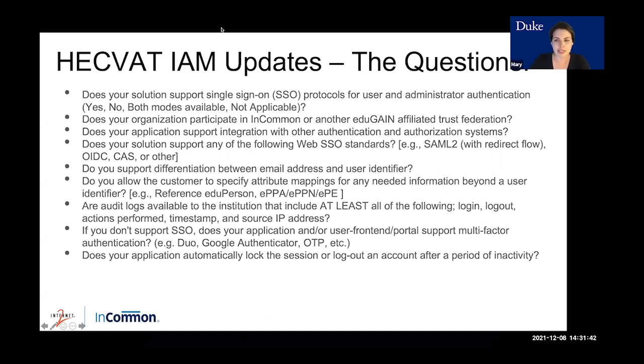And then one last thing that I wanted to call out here was that, to be pragmatic, we realize that not every solution provider is going to be able to tap into institutional single sign-on and other infrastructure. In that case, we want to make sure that there's an opportunity for those solution providers to signal that they have a single standalone multi-factor authentication solution that is local to that application.